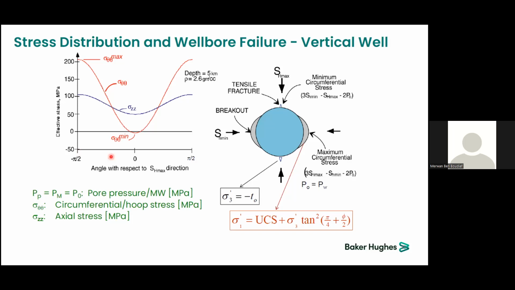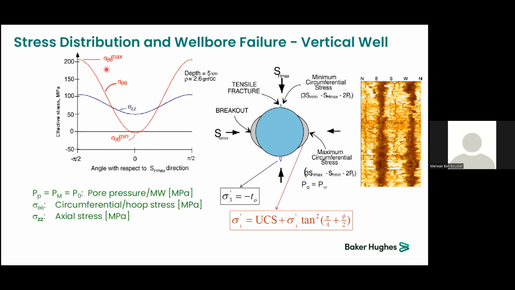You can see that this tangential stress is reaching a maximum at a certain point, and this point corresponds to the azimuth of SH min, and it goes like a sinusoid, and its minimum is at 90 degrees from SH min, so it's at the direction of SH max.